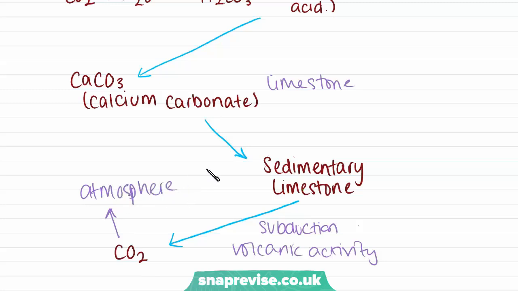So that's the process in greater detail of how carbon is cycled through the geological component. Through reacting to form limestone, the limestone is then melted and comes back up to the surface through volcanic eruptions, and CO2 is released back into the atmosphere in clouds from volcanoes.